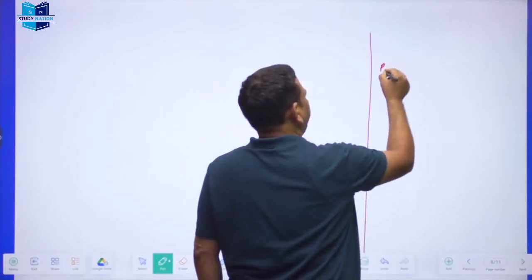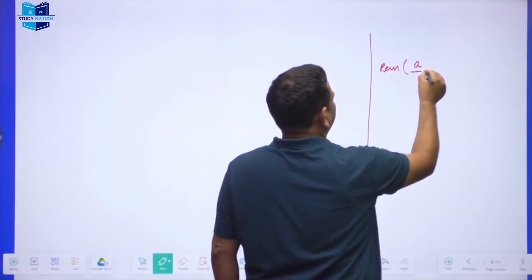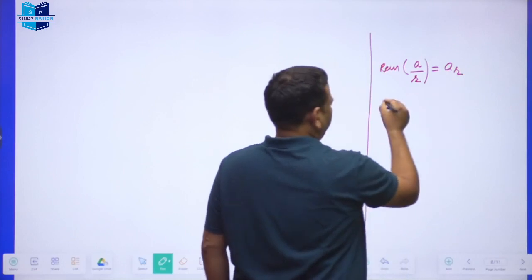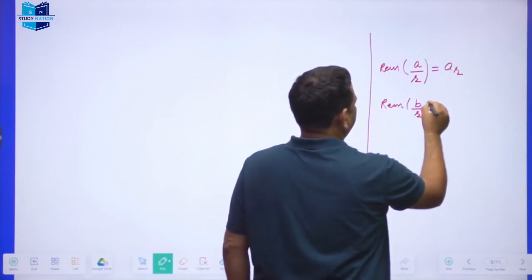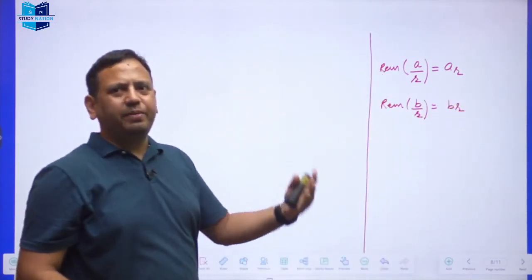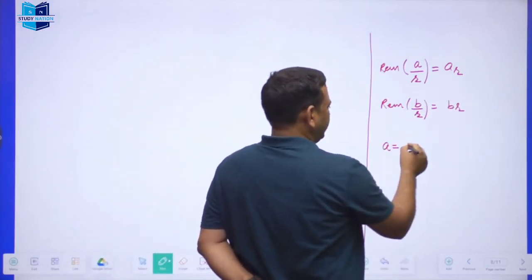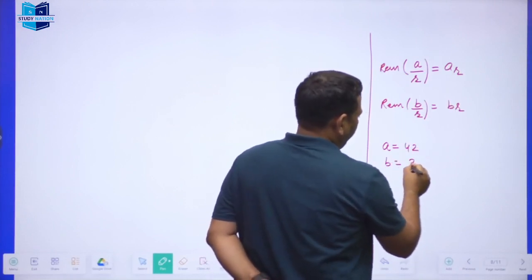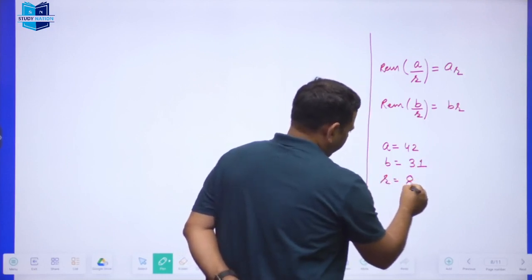So the concept of the remainder says, suppose we are dividing a number a by r, the remainder we are writing as ar, and the remainder of b divided by r, that is known as br. So let's see an example. Suppose a is 42, b is 31, and r is 8.